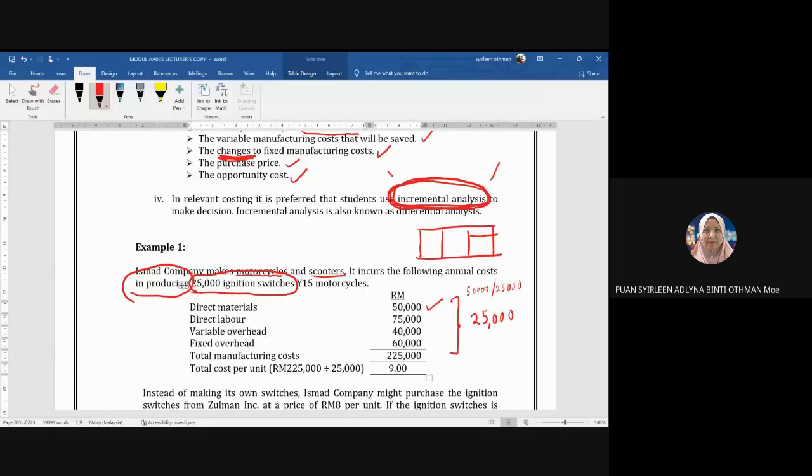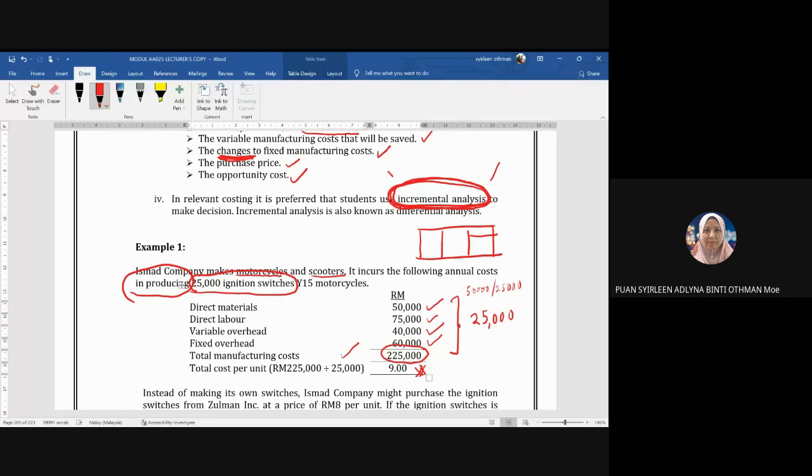Okay, so you have direct labor 75,000 and then variable overhead 40,000, fixed overhead 60,000. So the total manufacturing cost ialah 225,000 untuk 25,000 parts. Okay, so maksudnya kalau saya buat sendiri, cost untuk satu ignition switch is RM9.